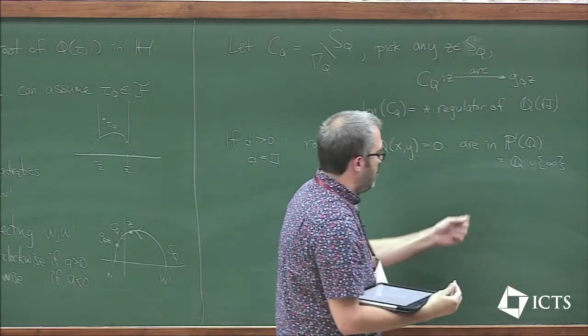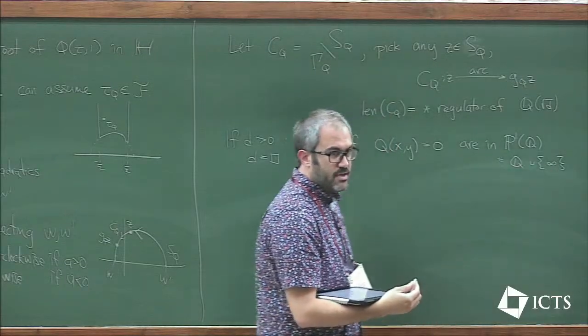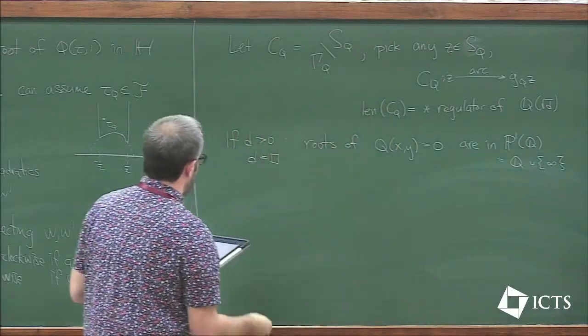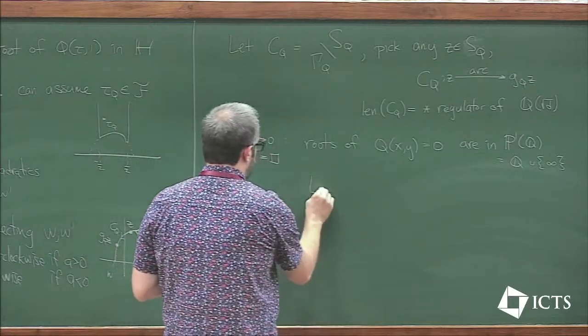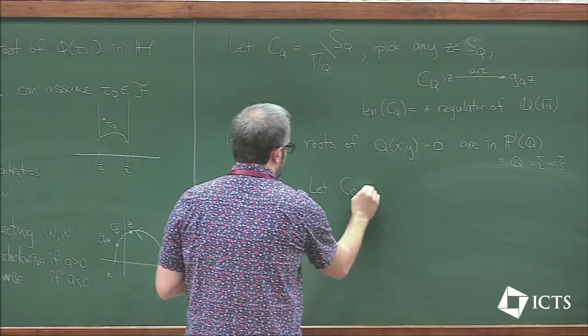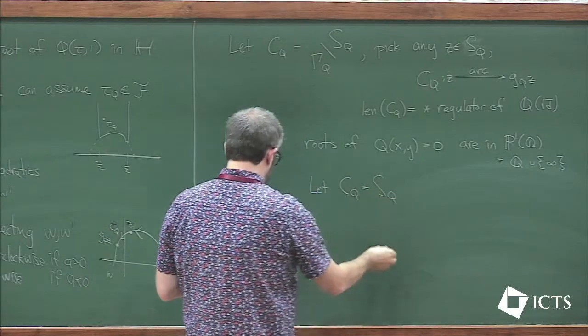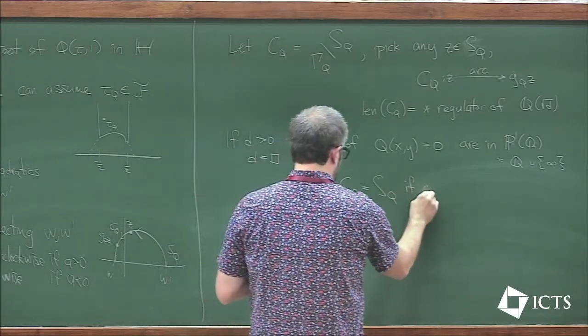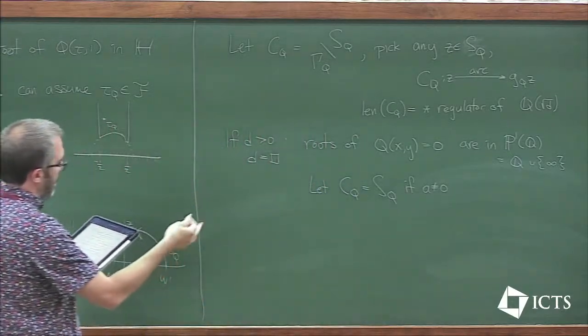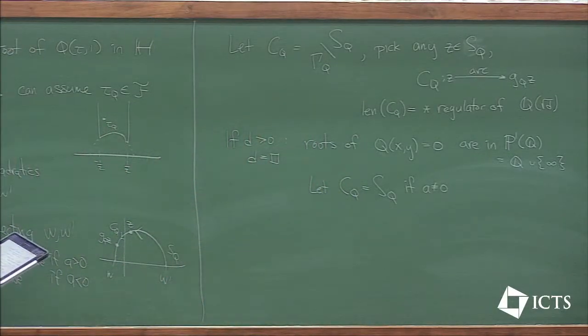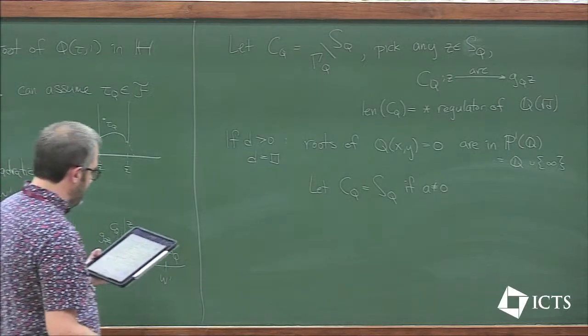And hey, those are all the cusps of SL2(Z). And so these geodesics connect 2 cusps. We're going to let C_Q in this case just be S_Q as usual if A is not equal to 0. And we're not going to mod out by gamma_Q because there's no gamma_Q to mod out by. So this will just be an infinite geodesic.